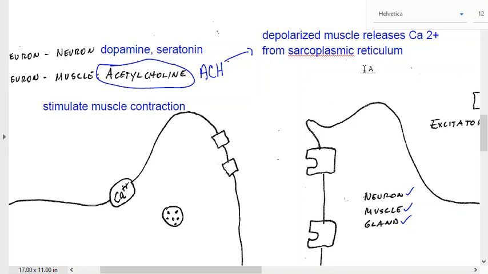And remember that calcium is a second messenger, and this basically tells the muscle to contract.